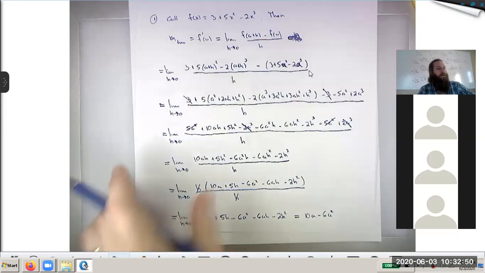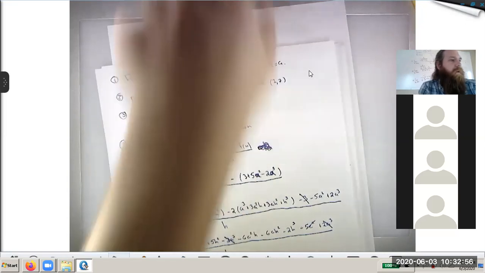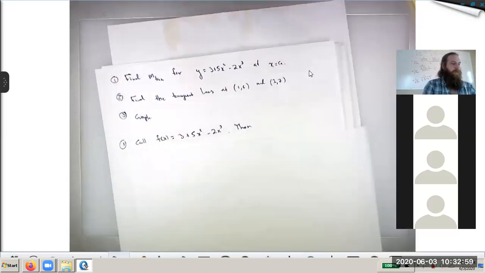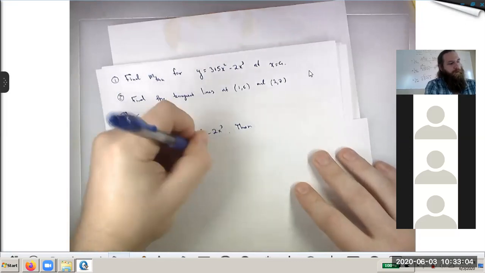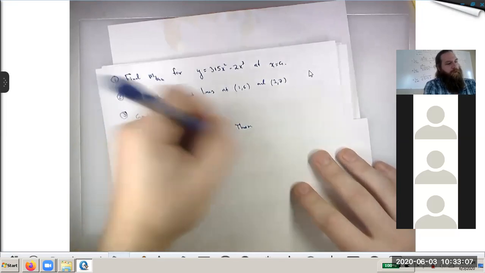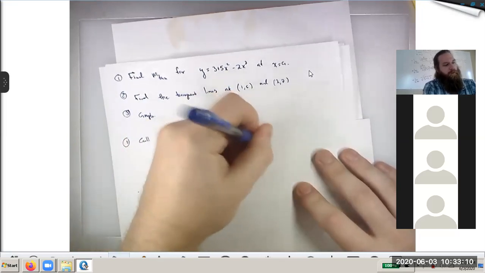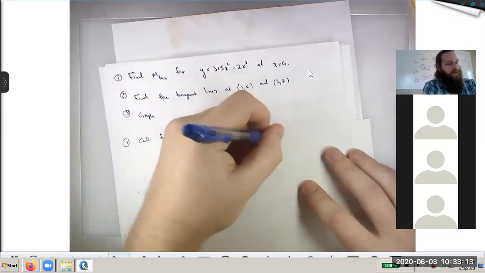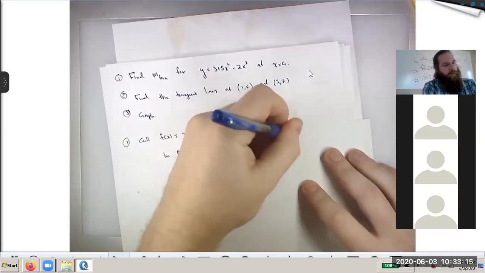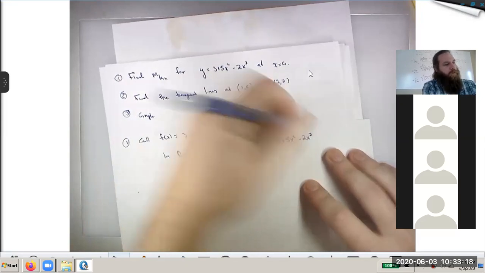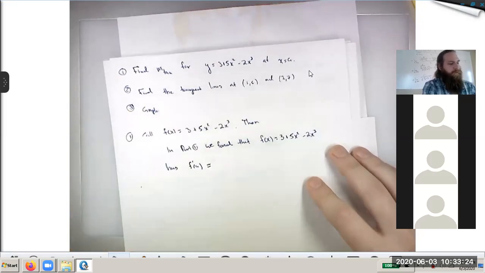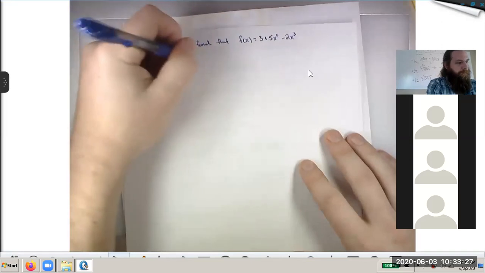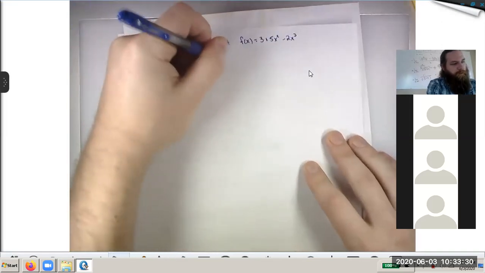Okay, so then let's come to the second part where we're writing down the equation of the tangent lines. So basically, in part one, we found that f of x equals 3 plus 5x squared minus 2x cubed has f prime of a equal to 10a minus 6a squared.